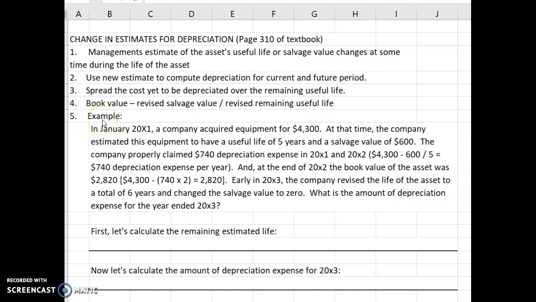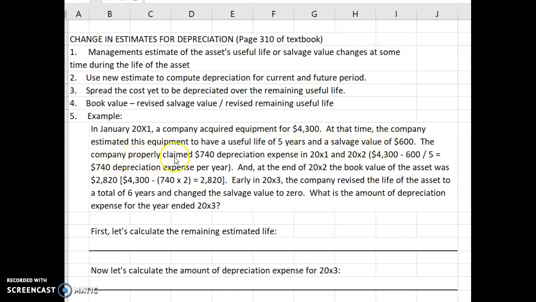Let's work an example. In January 20X1, a company acquired equipment for $4,300. At that time, the company estimated this asset to have a useful life of 5 years and a salvage value of $600.